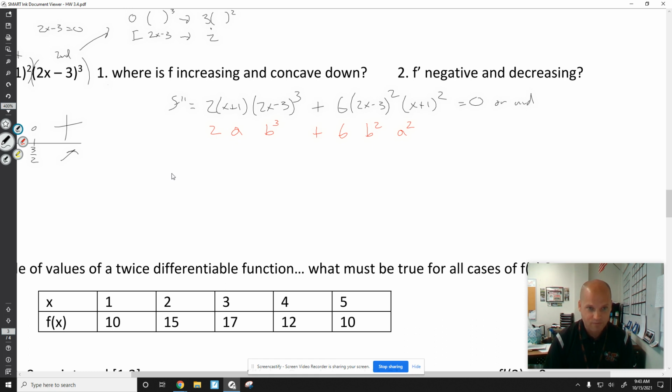Because what I can see is I can factor out a 2, 1a, and 2 b's. Cool. What's left over after I factor a 2a and b squared will be 1b from here and 3a from here. So the 2 divided by the 6, 1a pulled out of this gives me 3a.